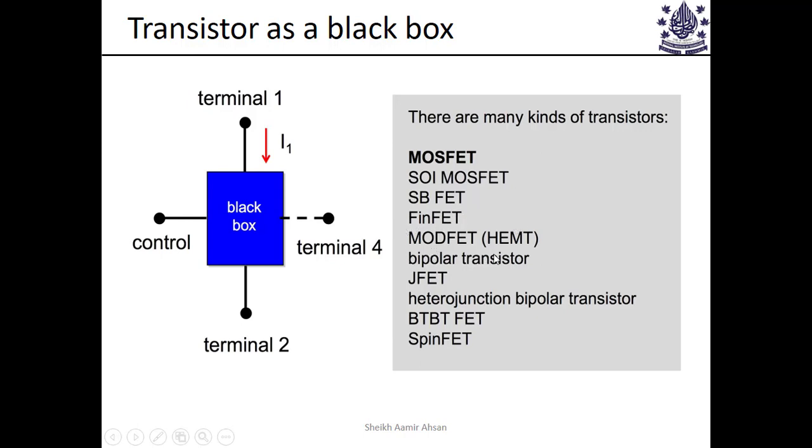Then you have a modulation doped FET, or HEMT, high electron mobility transistor. You may also have a bipolar transistor, a junction FET, an HBT, or a band-to-band tunneling FET. There are even more beyond this, different types of devices that people are working on in industry as well as academia. If time permits, we'll try to cover as many as possible from this list.